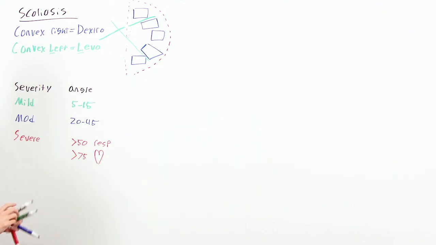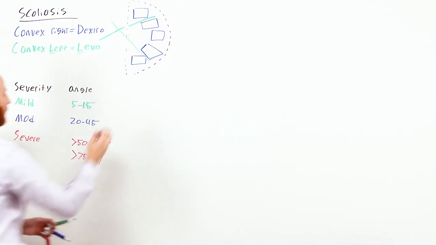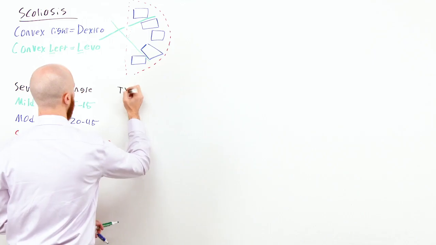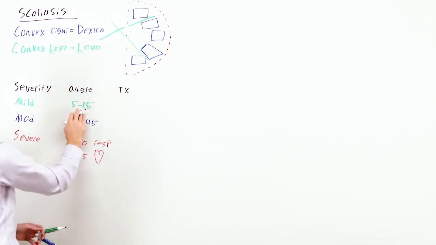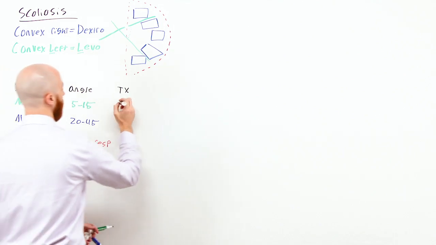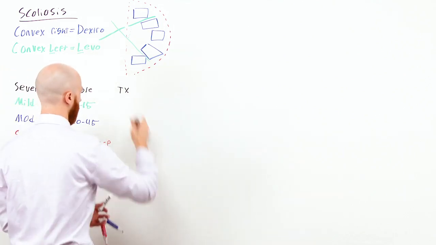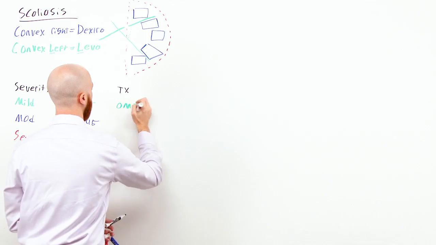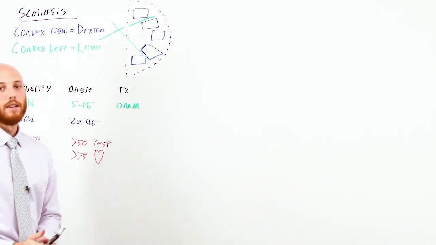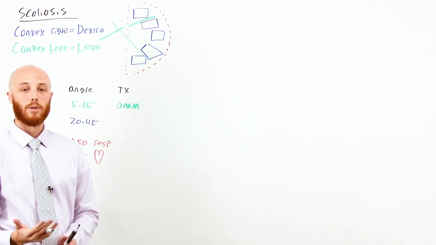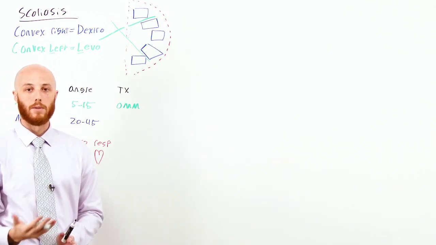So what are we going to do to treat these dysfunctions? It's going to change depending on the severity. If you have a mild scoliotic curve, you can treat it with OMM. So what exactly am I treating? You can be treating the spine for flexion, extension, side bending, and rotation dysfunctions.